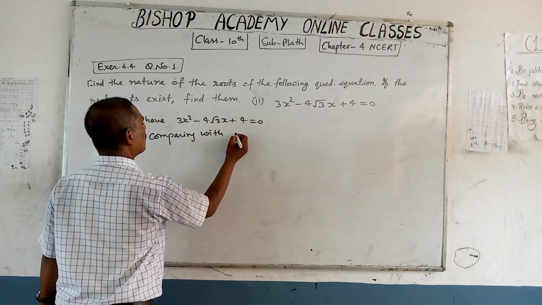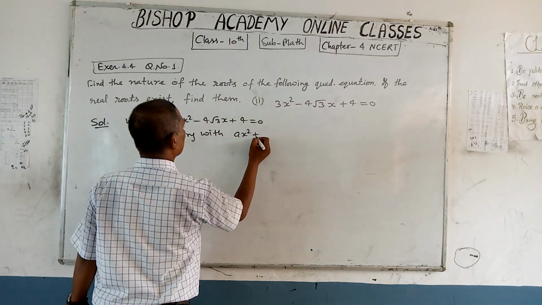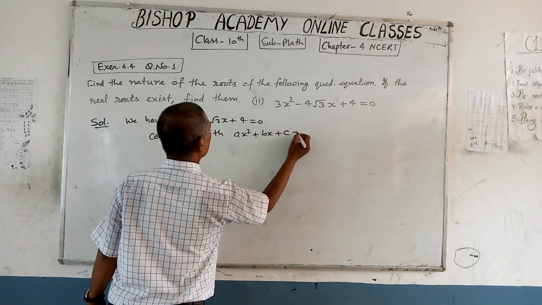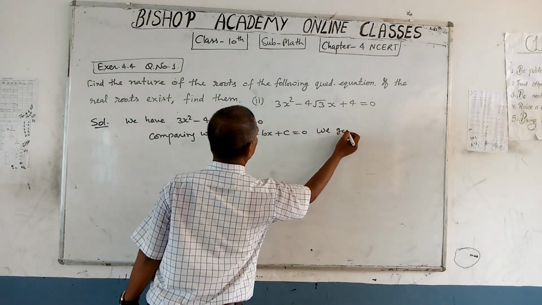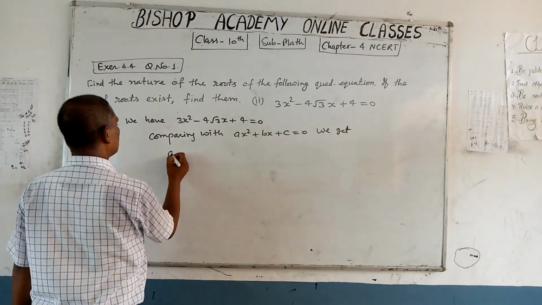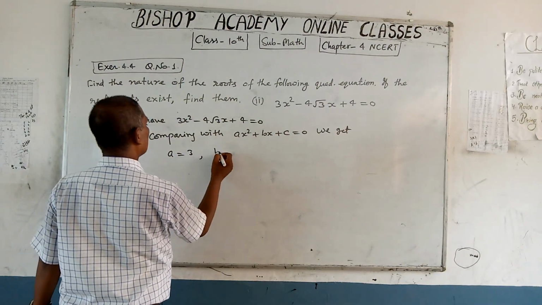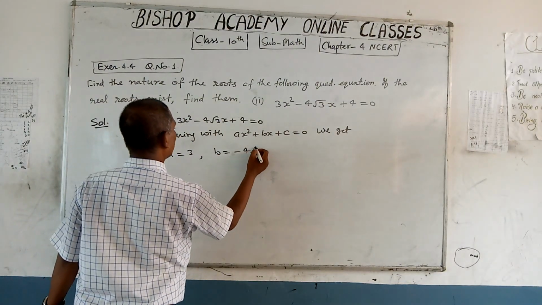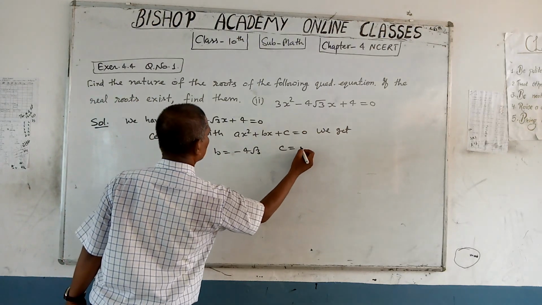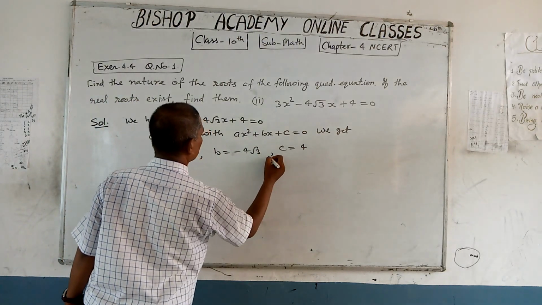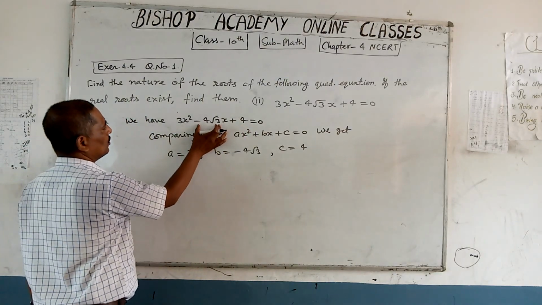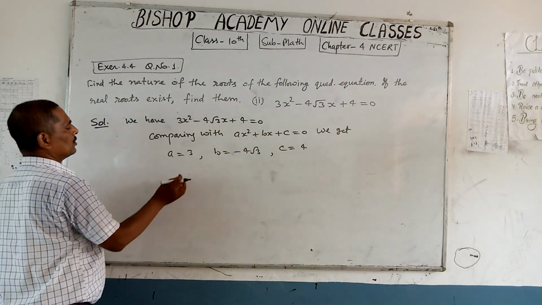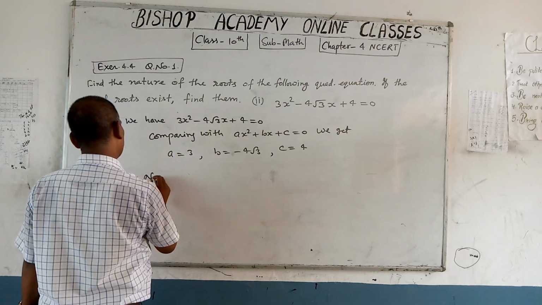Comparing with ax square plus bx plus c is equal to 0, we get a is equal to 3, b is equal to minus 4 times root 3 and c is equal to 4. Here student, you can see c is equal to 4, b is equal to minus 4 times root 3 and a is equal to 3.